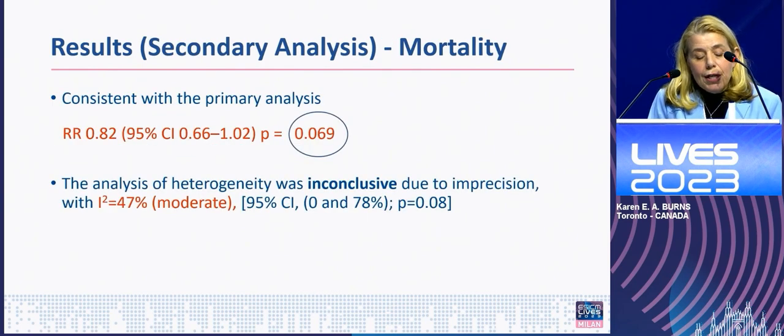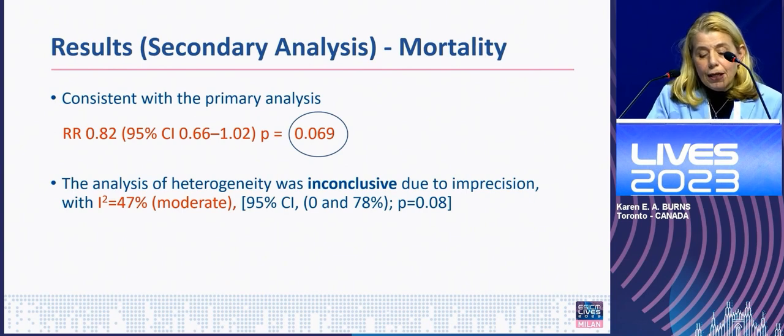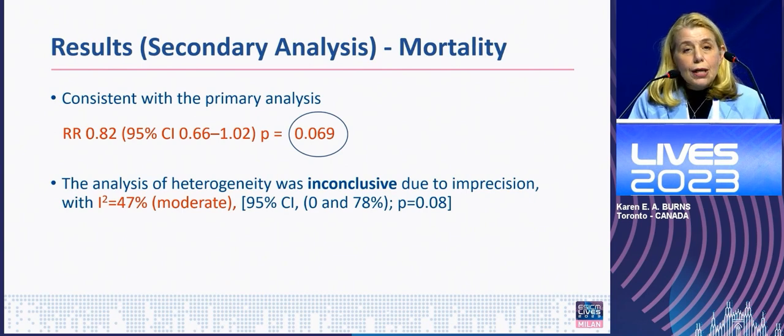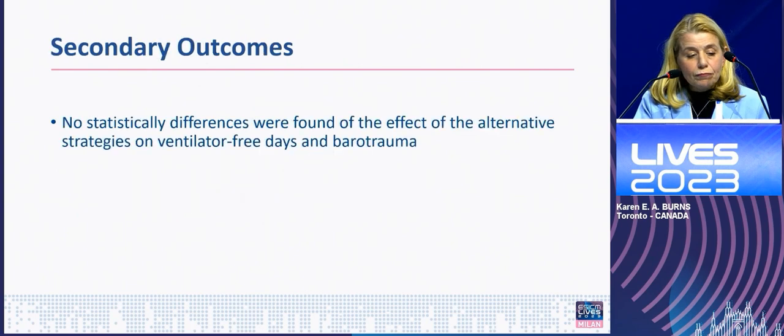But the secondary analysis, even though it was consistent with the primary analysis, approached statistical significance with a risk ratio of 0.82 and a p-value of close to 0.07. Again, the analysis of heterogeneity was inconclusive due to imprecision, with an I-squared that would be considered moderate, in the range of 47%.